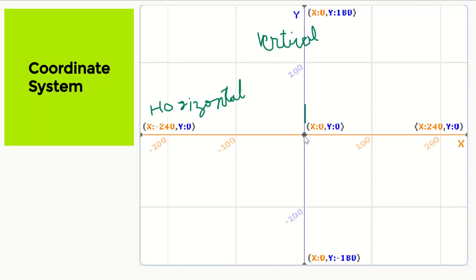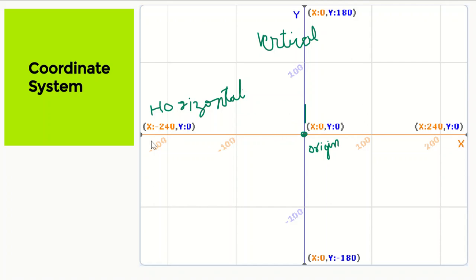Now this is the point where these two lines meet. This is known as the center or origin of the stage. The point where these two axes, these two lines, meet is known as the center or the origin. The coordinate system basically contains the origin, the x and y values, as well as the different quadrants.